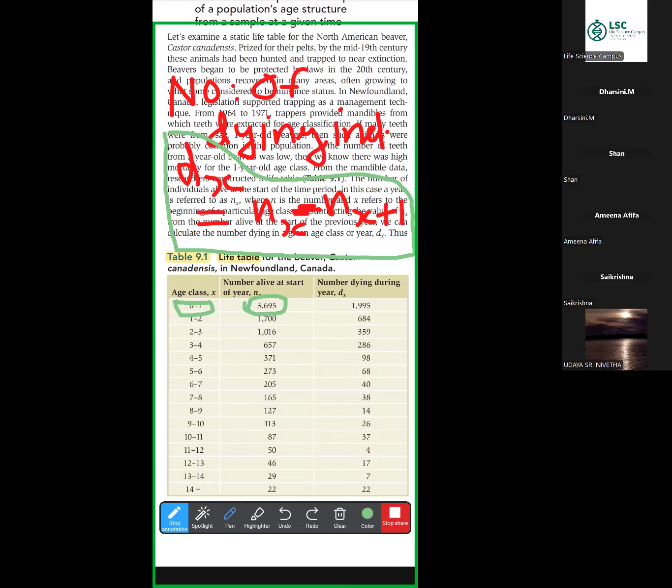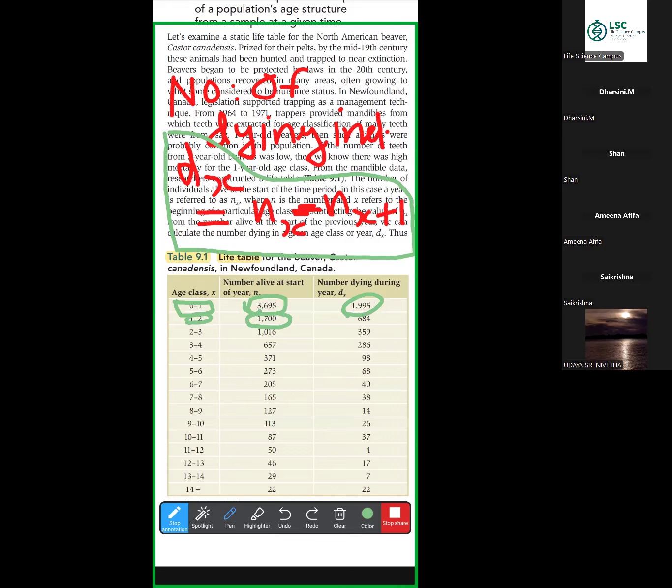And the number of dying individuals during that year is 1,995. And in the second age class, the number of individuals alive at the start of the population is 1,700. Is it okay?